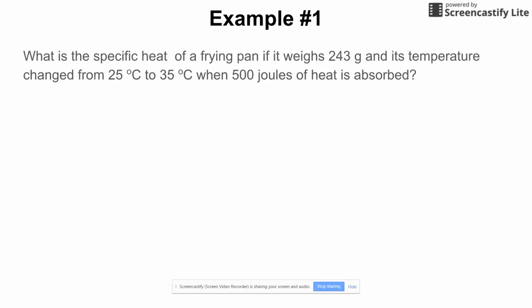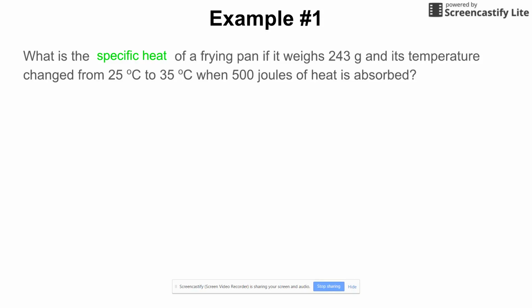Okay, we'll go through two examples. The first example is, what is the specific heat of a frying pan if it weighs 243 grams and its temperature changes from 25 degrees to 35 degrees when 500 joules of heat is absorbed? First, identify what is being asked of you.